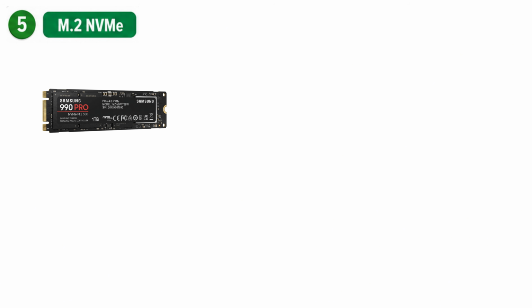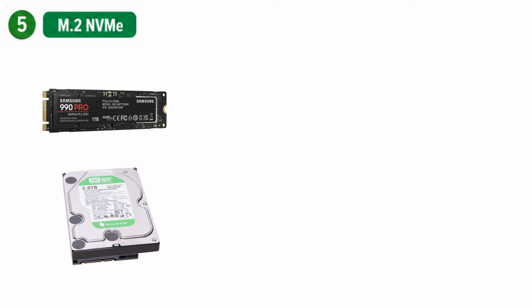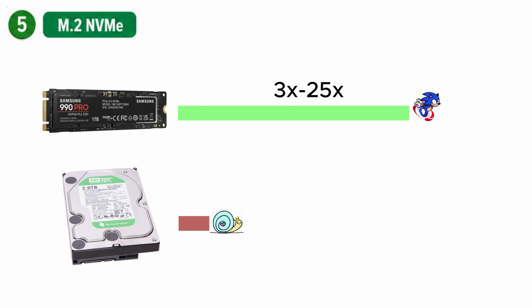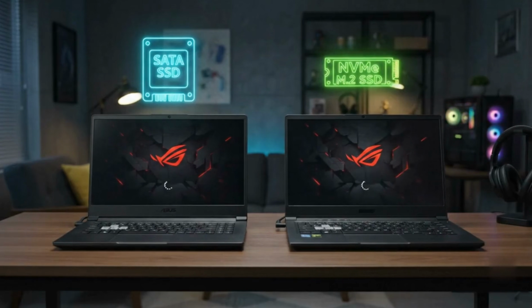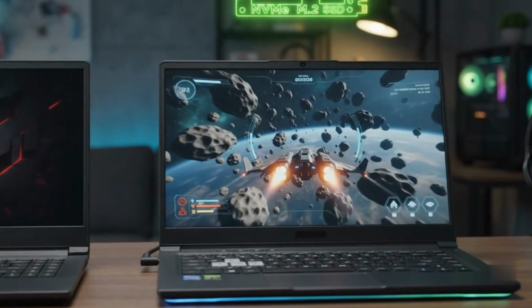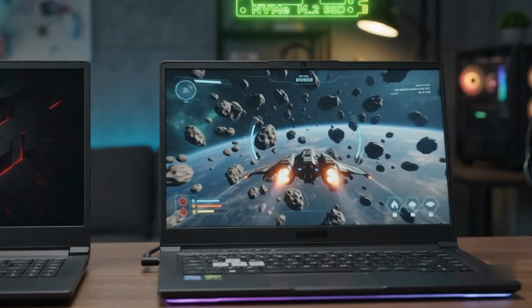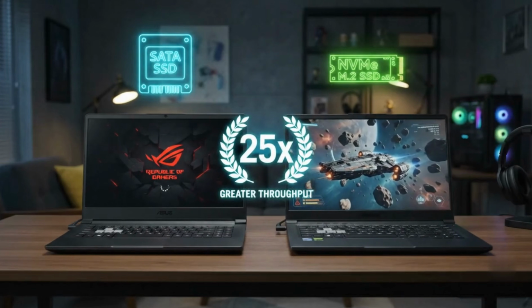When compared to a SATA SSD, an M.2 NVMe drive can deliver sequential throughput that is 3 to 25 times greater. A contemporary operating system may boot in 10 seconds on SATA, but substantial professional workloads often demonstrate even more significant improvements beyond just boot times.